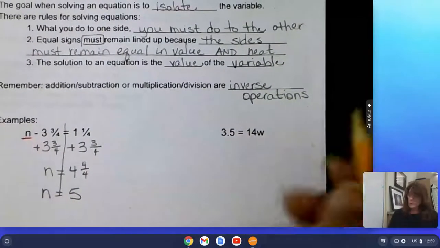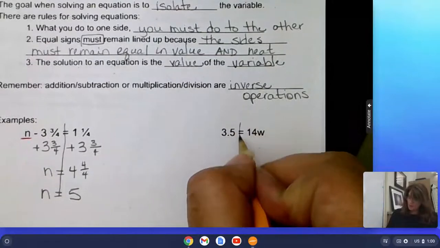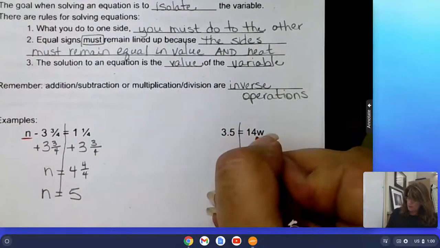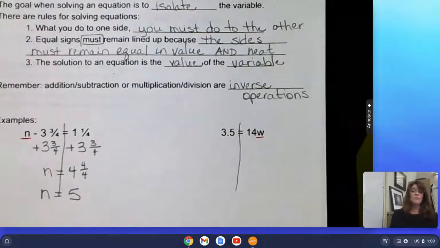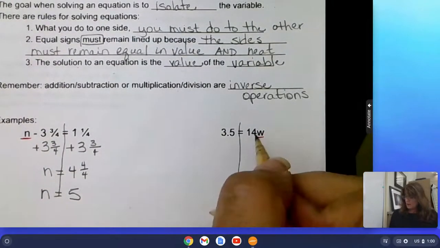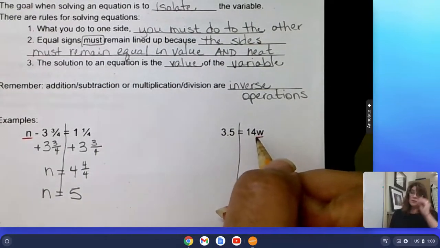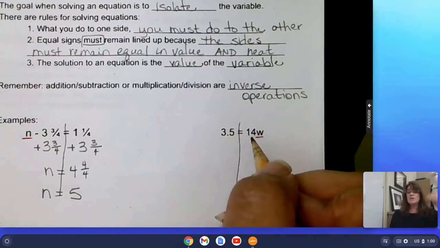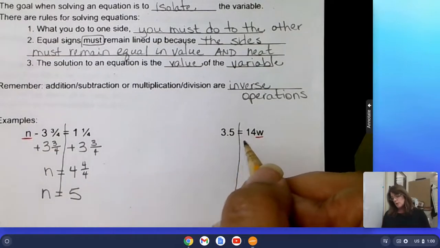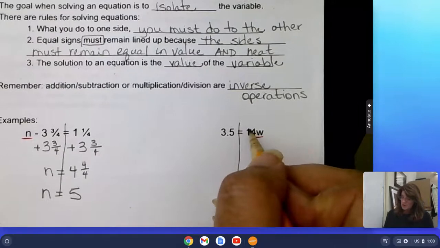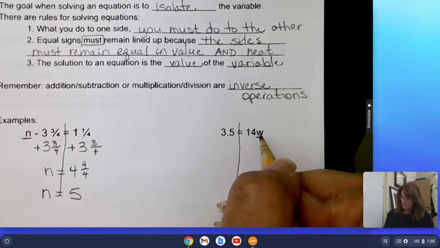Okay. Well, here, again, we need to isolate the variable. The variable is w. 14 is with w. If there is no computation sign between them, then they are being multiplied. Okay, the coefficient is always being multiplied to the variable.